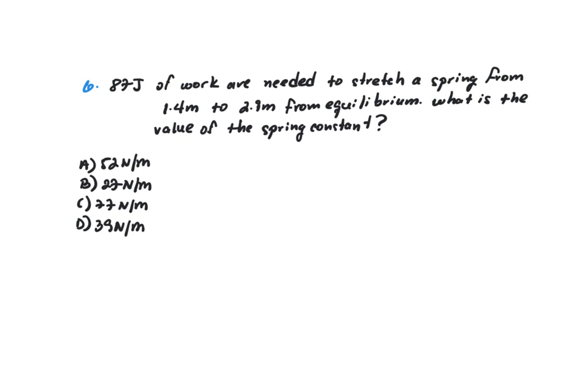So we just have to remember our formulas for compression, right? So it's going to be 1/2 k x final square minus 1/2 k x initial square equals the work.